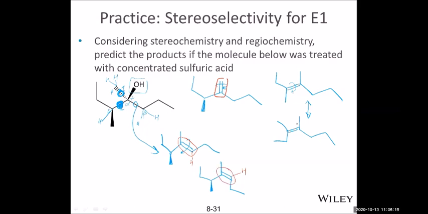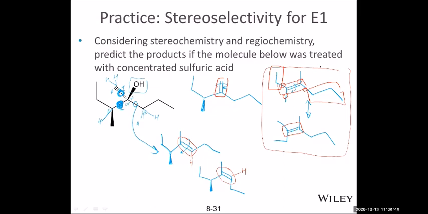Finally, this is good. All 4 positions on the double bond have an alkyl group. So this is the most stable. These 2 are the better ones. And between these 2, the difference is that this bulky group is across 180 degrees from the double bond.